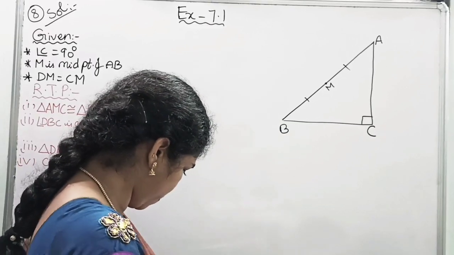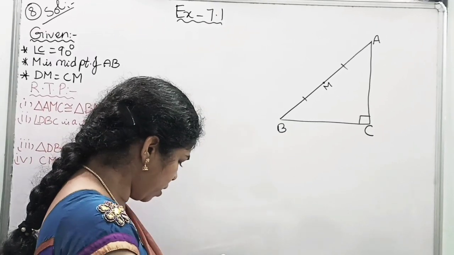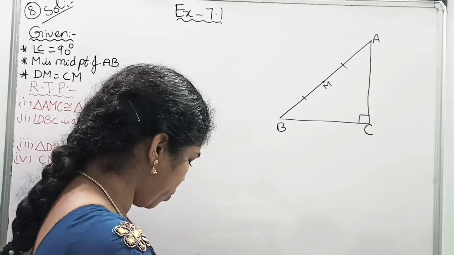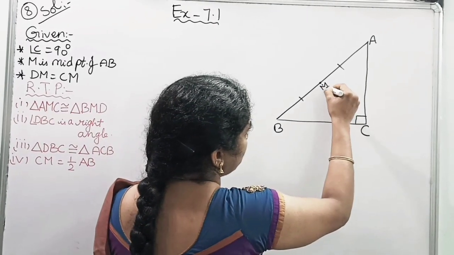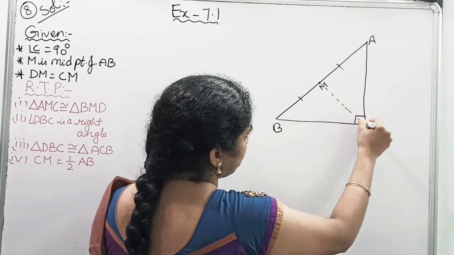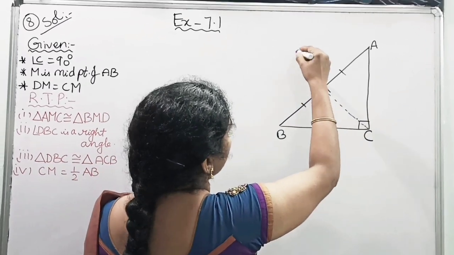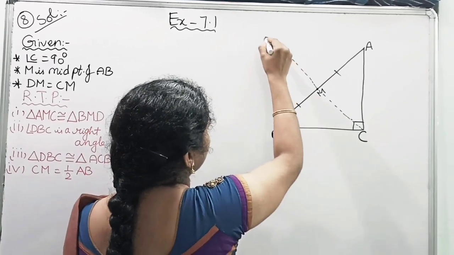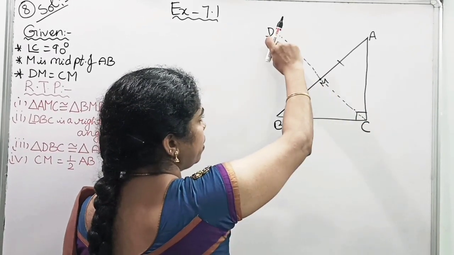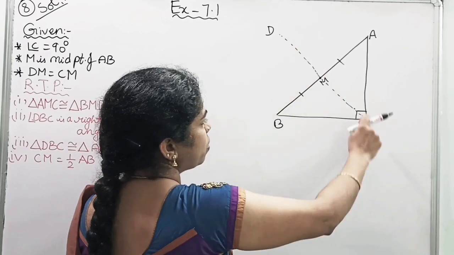Next point is C is joined to M and produced to a point D. CM is produced to D such that DM is equal to CM.